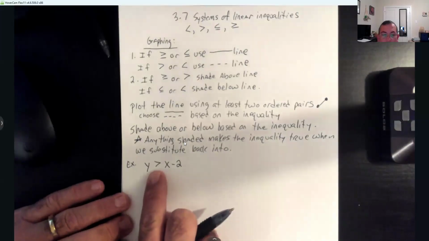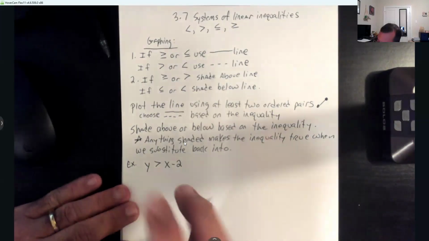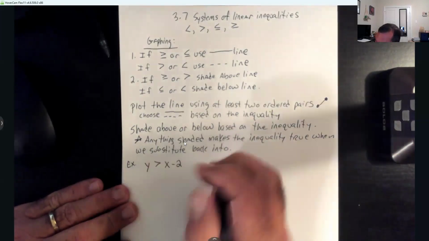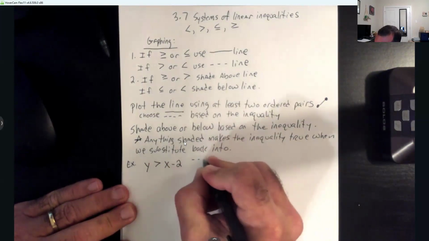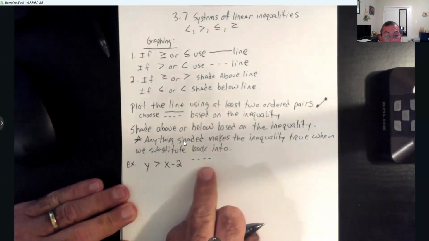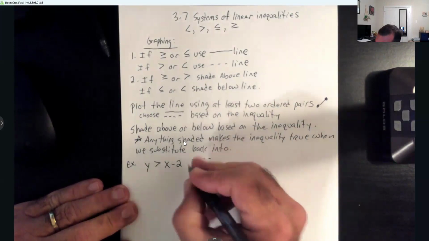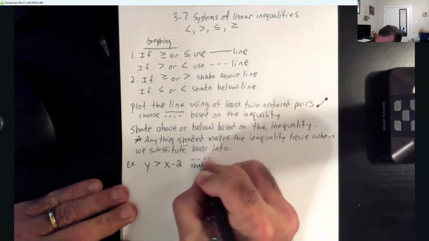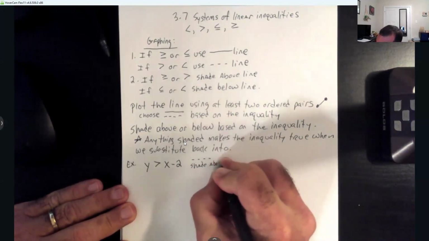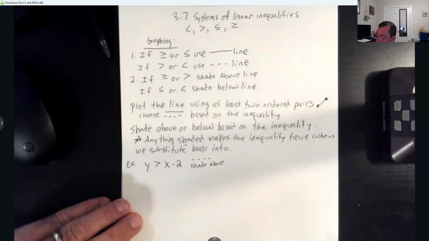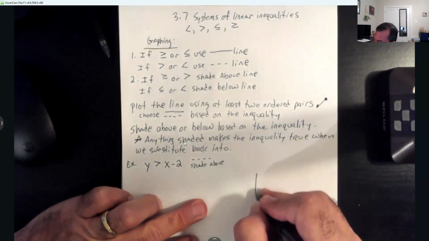Now, the first thing I do know, since it's greater than, and there's no equals in it, in MathLab I will use a dotted line. And since it's greater than, I'm going to shade above. So I know those two things. So over here, let's draw us a graph.